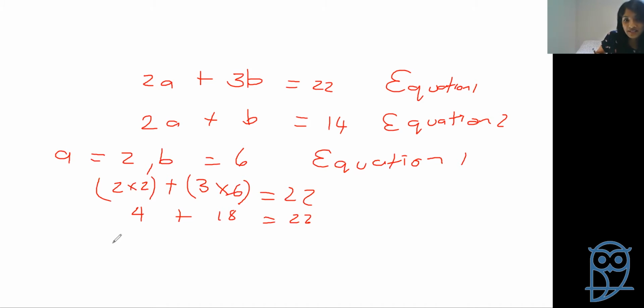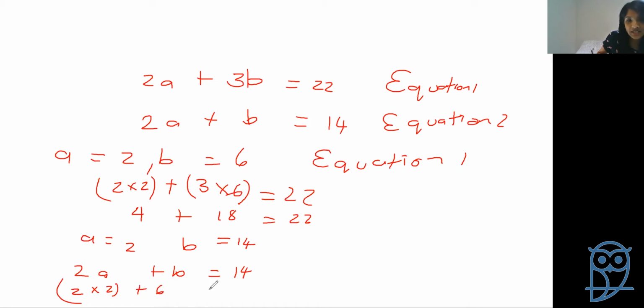Now, let's say a is equal to 2 and b is equal to 6, and we say 2a plus b is equal to 14. We say 2 times 2 plus 6 is equal to 14. 2 times 2 is 4, plus 6 is equal to 10.